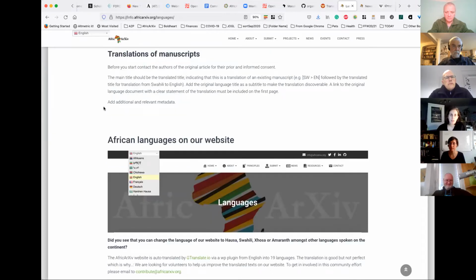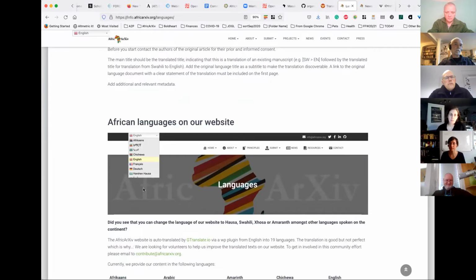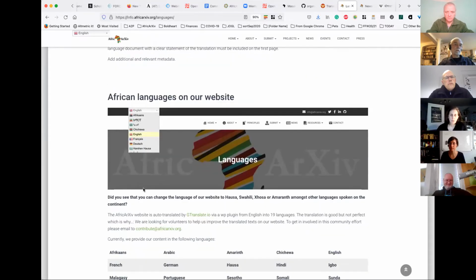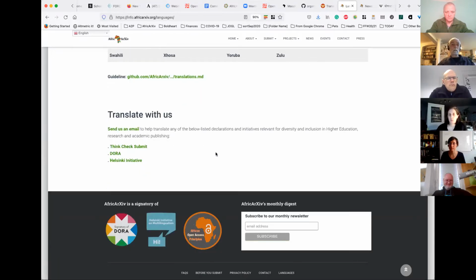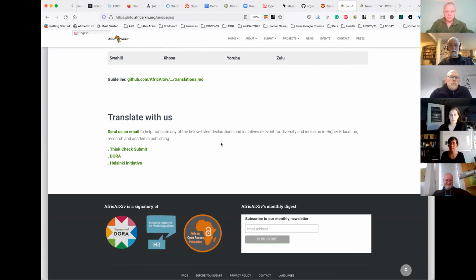We have a plugin in our website backend that automatically translates into, I think, 12 languages spoken on the continent, including German, English, French and Portuguese, but also Hausa, Afrikaans, and Kiswahili, which are already readily available through Google Translate and other machine learning auto translation services. And through the work with Masakhane, we have to do our part and contribute to expanding these resources.